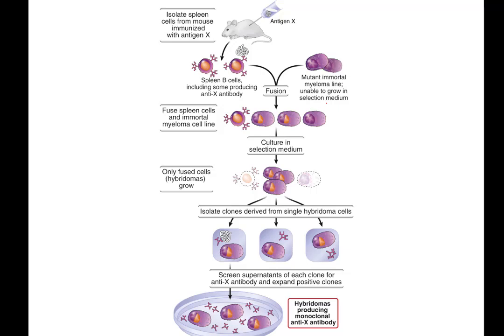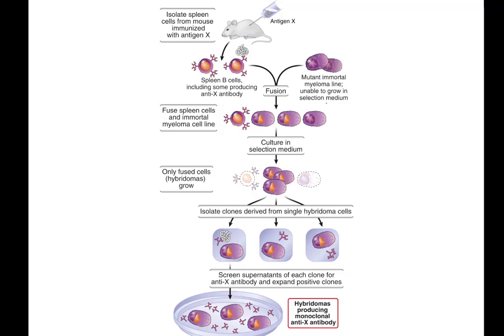However, the problem with producing them is that an activated B cell has a normal half-life, and it will die. We fuse these B cells that have been activated by an immune response, effector B cells making plasma cells, to a myeloma.